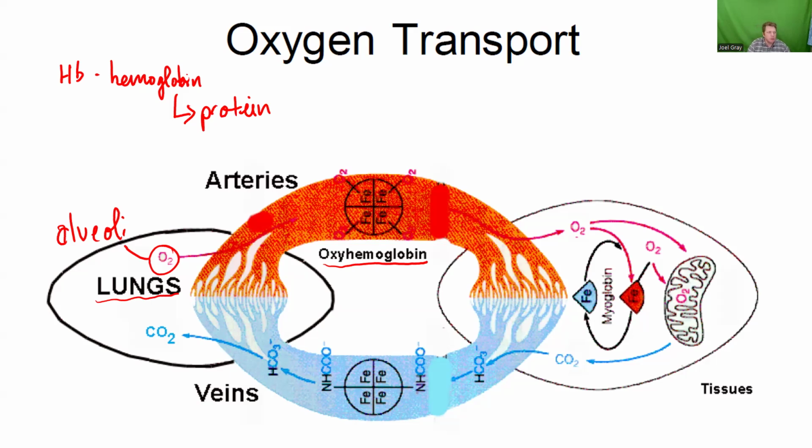Our ligand is oxygen. So we have this protein ligand interaction. Our protein hemoglobin, our ligand oxygen. Hemoglobin binds it and moves it from the lungs to the tips of your fingers or the tips of your toes.